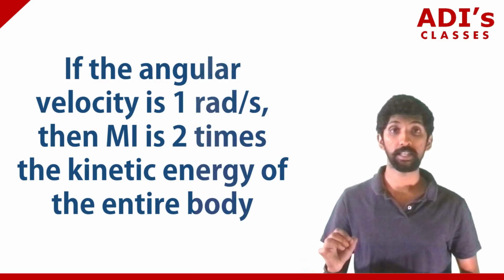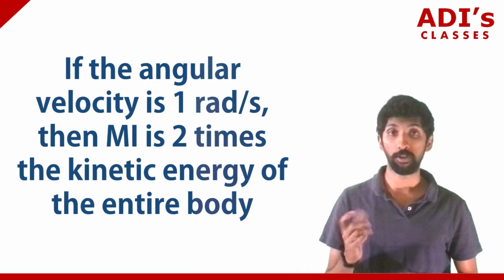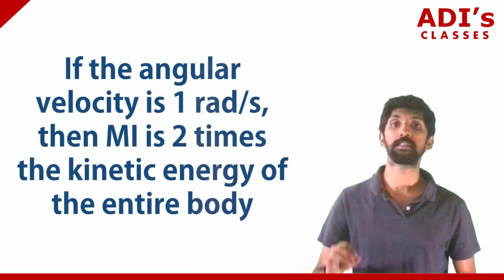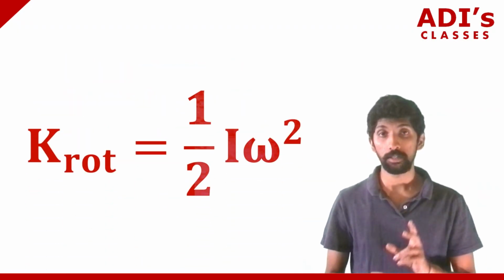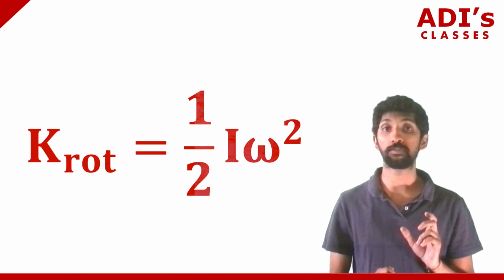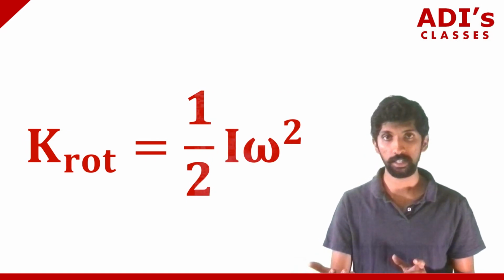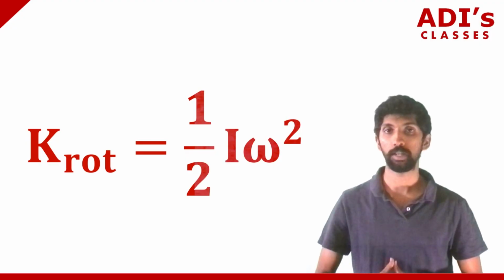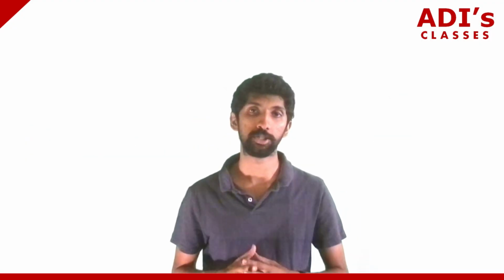So what we can say is, if the angular velocity is 1 radian per second, then the moment of inertia is 2 times the kinetic energy of the entire body. When I say kinetic energy, I mean the rotational kinetic energy. So using this also we can define the moment of inertia.